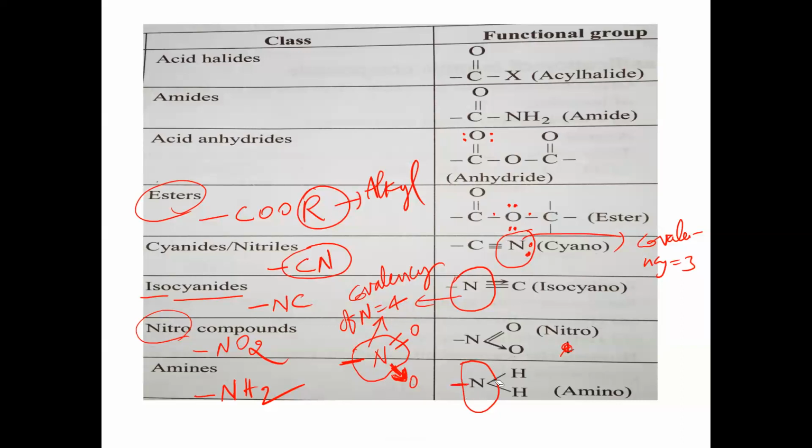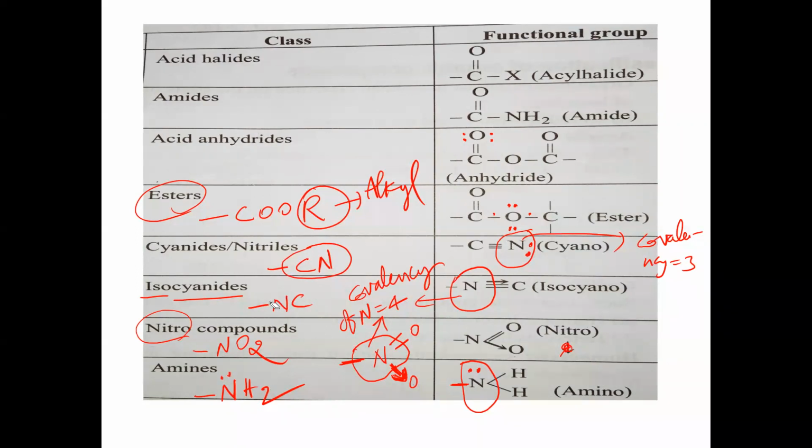Now nitrogen formed how many bonds around it? 3 only. Still 1 lone pair will be there. Nitrogen with the 3 covalent bonds will have 1 lone pair on it. So in bond NH2, nitrogen has 1 lone pair, like in the ammonia molecule. Is that clear?